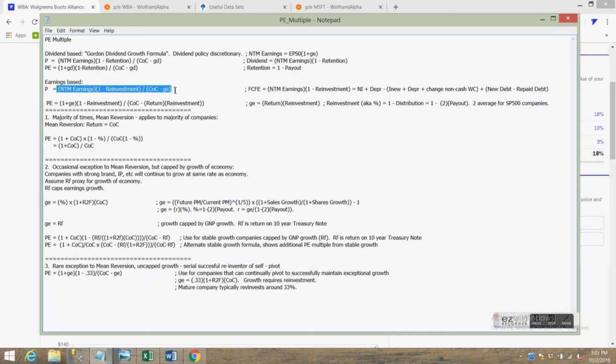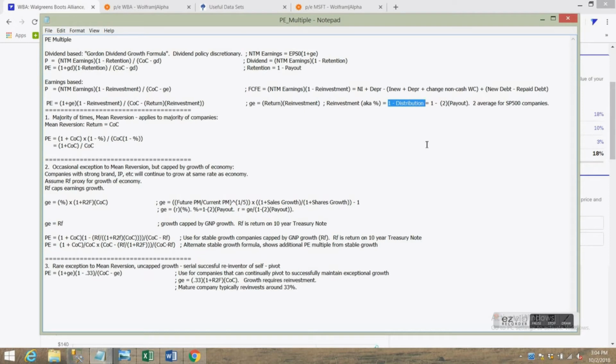Now, before I get into that more detailed derivation of this formula here, I do want to point out that, again, retention versus reinvestment, and then on the opposite side of retention is payout. You can see here the retention is 1 minus the payout, and payout is the dividend payout. Well, reinvestment, the opposite side of that, is distribution. So when you hear the terms retention and payout, you're talking about dividends.